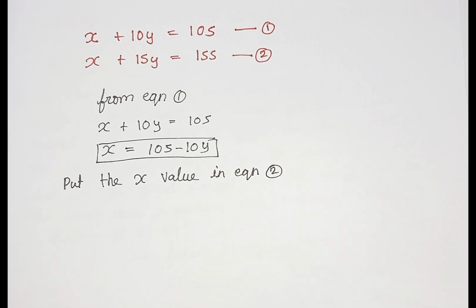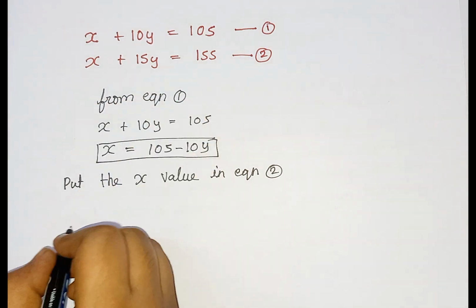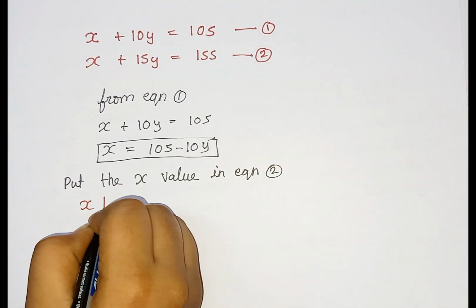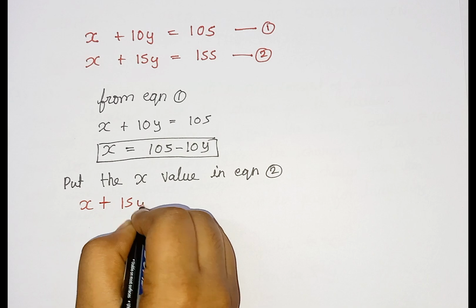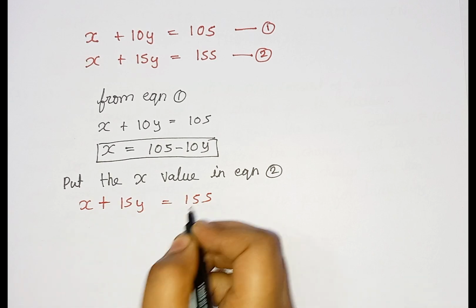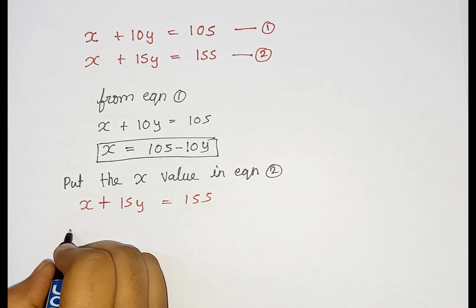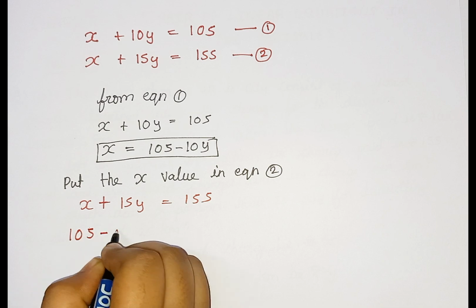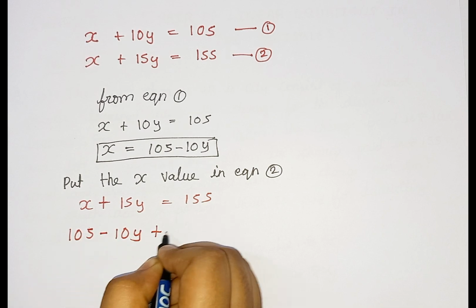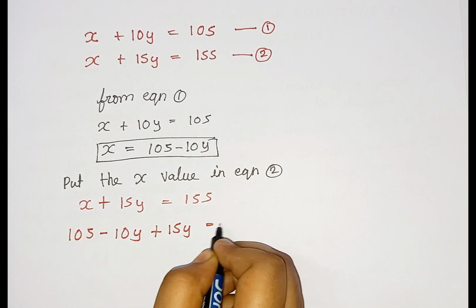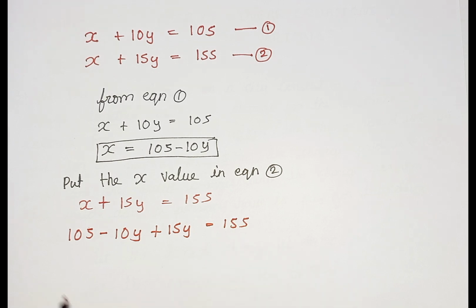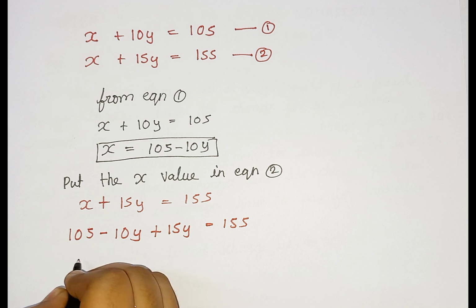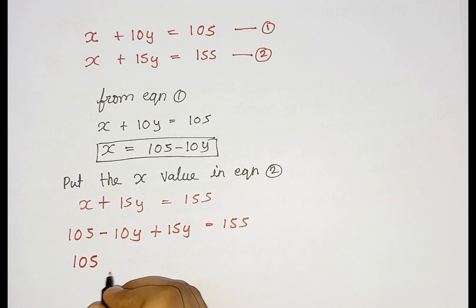So what is equation number 2? x plus 15y is equal to 155. The x value is this one, so let's put the value: 105 minus 10y plus 15y is equal to 155. Now we can write the 105 as it is.